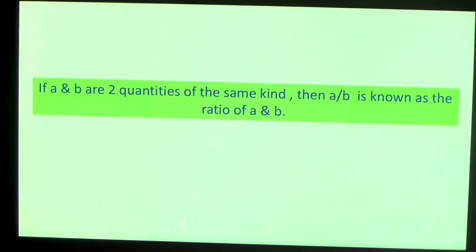If A and B are two quantities of the same kind, then A upon B is known as the ratio of A and B.